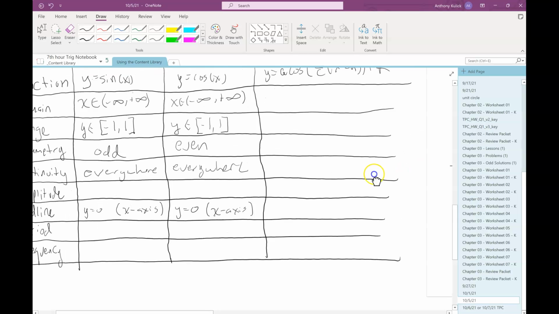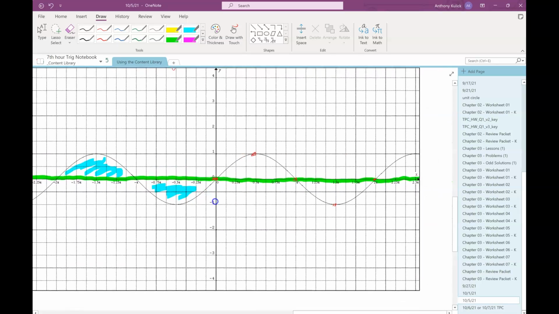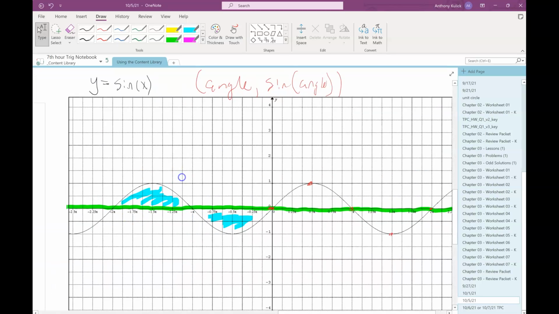The next thing we'll talk about is the amplitude. You can think about the amplitude as the distance from an extreme point, like a maximum or minimum, back to the midline. Or, if you wanted to, you can think about it as half the distance from a max to a min.